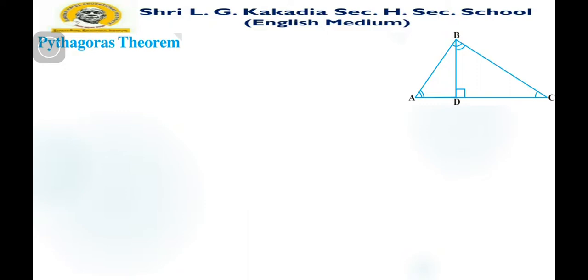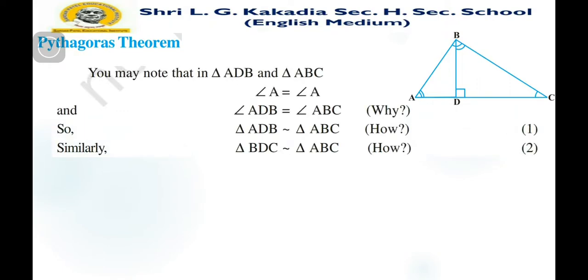Therefore, in triangle ADB and the original triangle ABC, angle A is common to both.